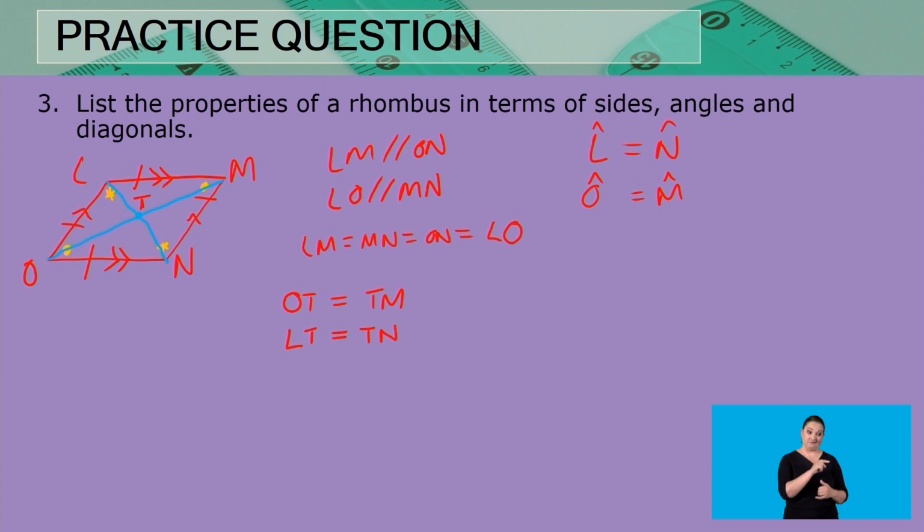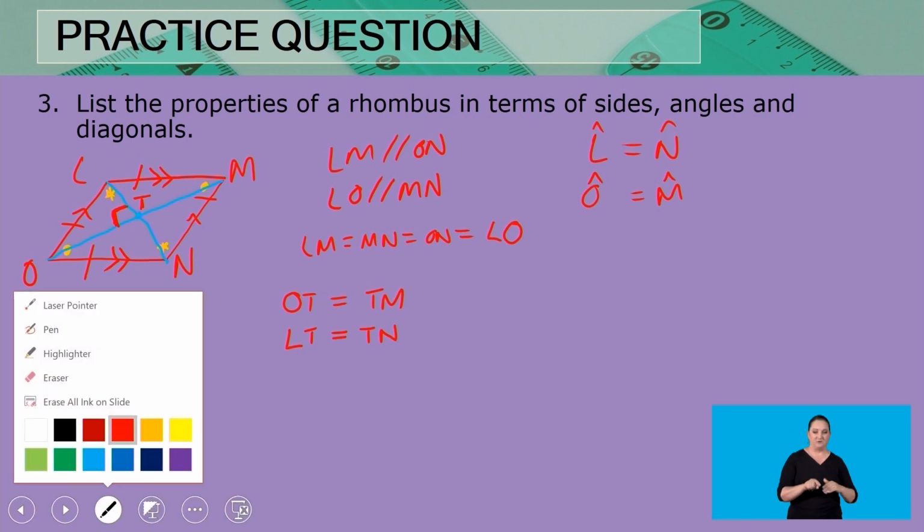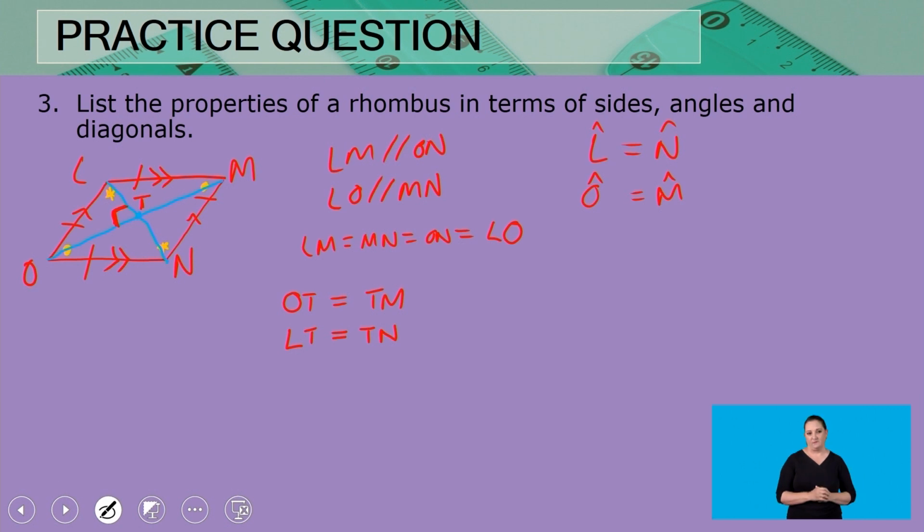Now also, what makes a rhombus special is that those diagonals meet at 90 degrees. And not only do they meet at 90 degrees, they also bisect the opposite angles. So that means that those angles that we identified as being equal are also bisected, which means that that part of the angle will be equal to that part of the angle, and also that part of the angle will be equal to that part of the angle.